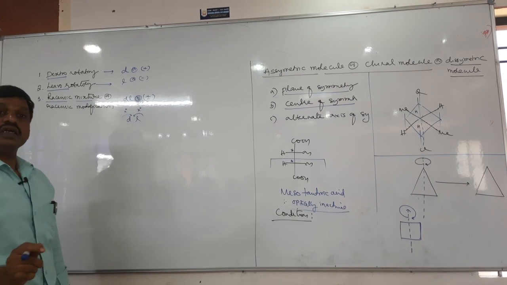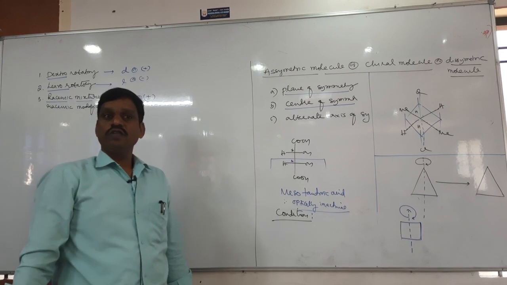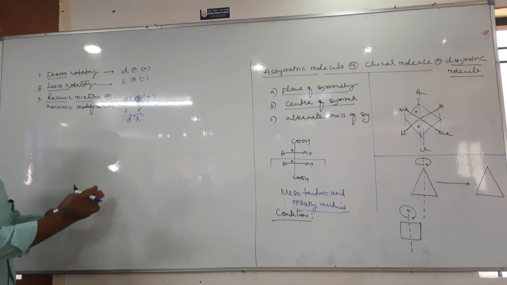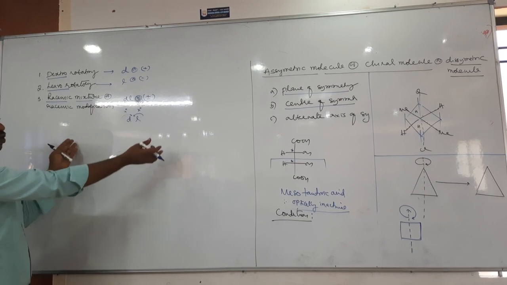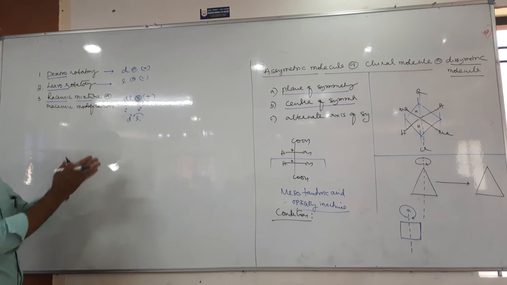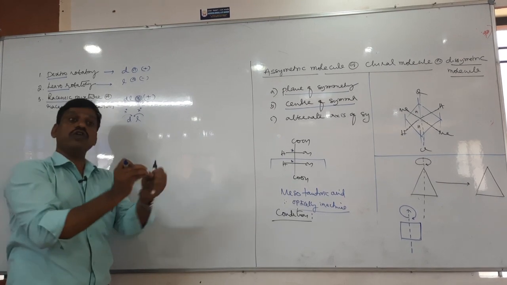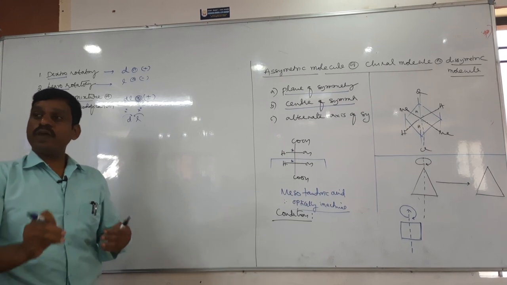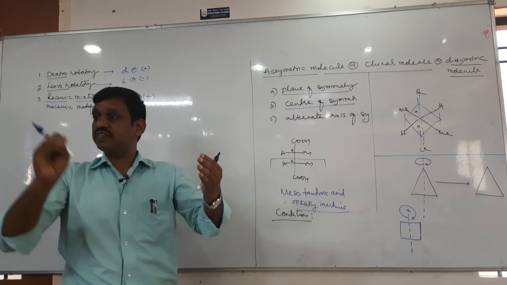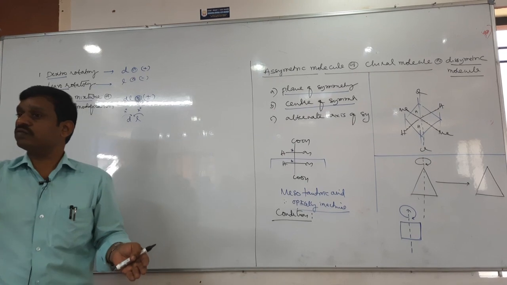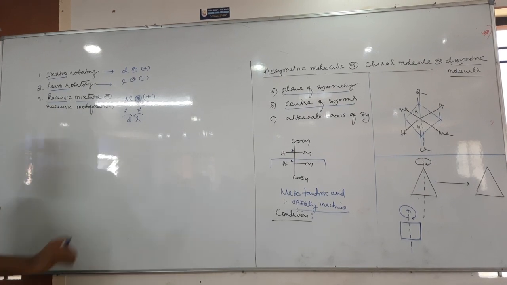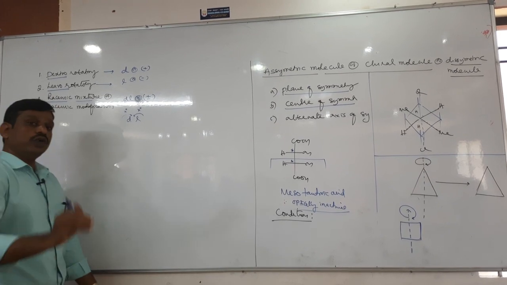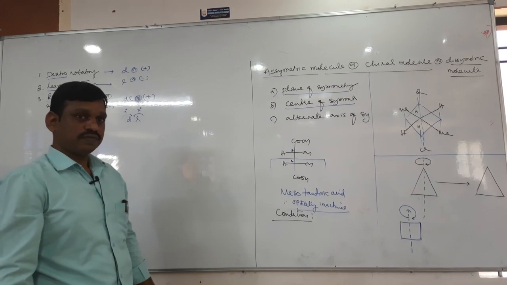The resulting rotation becomes 0, which is called external compensation. Externally, one rotates PPL to the right, the other to the left, and both mutually cancel. Therefore, a racemic mixture is optically inactive due to external compensation.